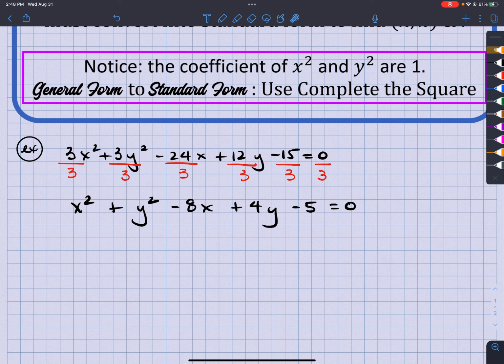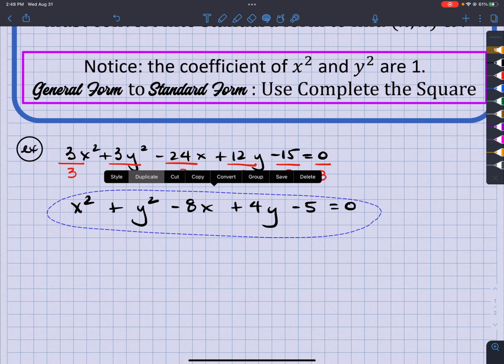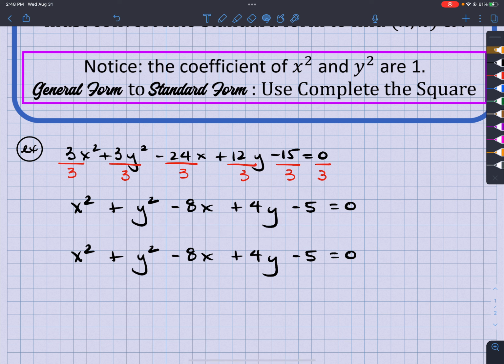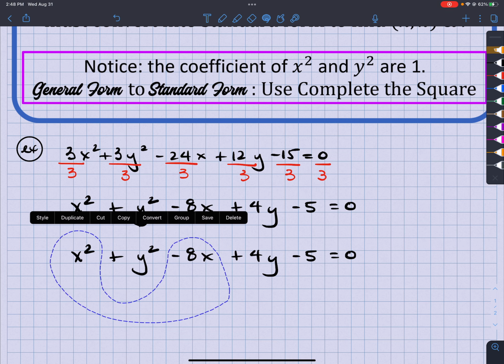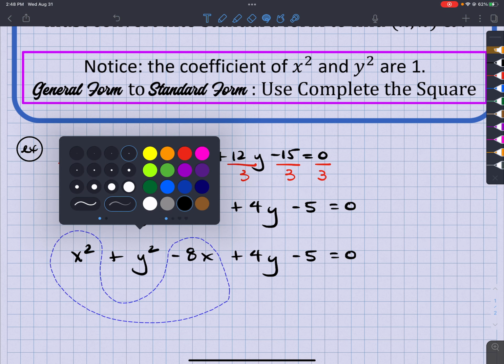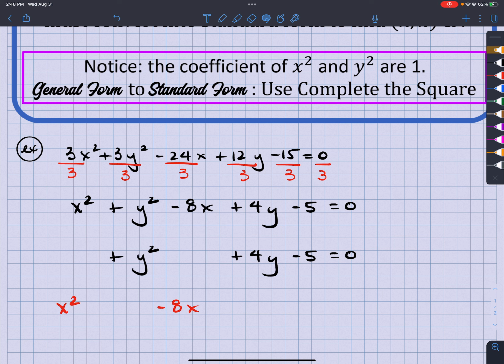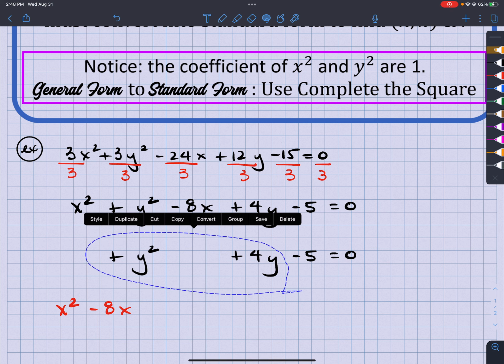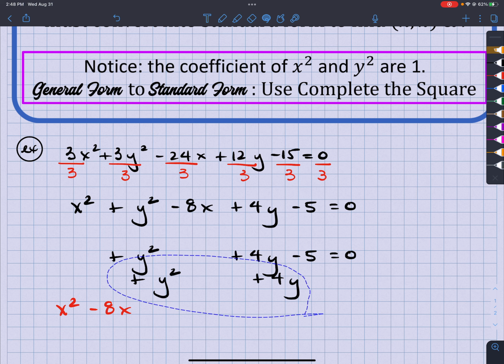All right, so you're like, when is completing the square coming into play? Well, here it goes. So let me go ahead and do this, duplicate this. So if you guys can see, I see my x squares here, or my x's here, and then I see my y's.